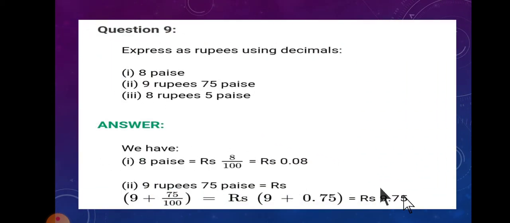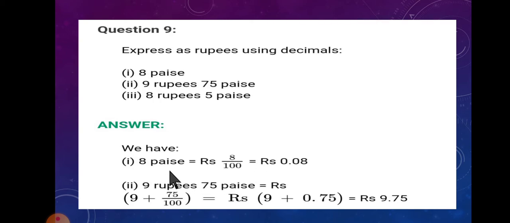Question number 9. Express as rupees using decimal. The first is given in paisa, the second in rupees and paisa both, and the third in rupees and paisa, but the question is telling you to express in rupees. So first of all you should know the relation between paisa and rupees. You know that 1 rupee is equal to 100 paisa. So 1 paisa is equal to 1 upon 100. That's why we multiply by 1 upon 100, because we will convert this paisa into rupees.